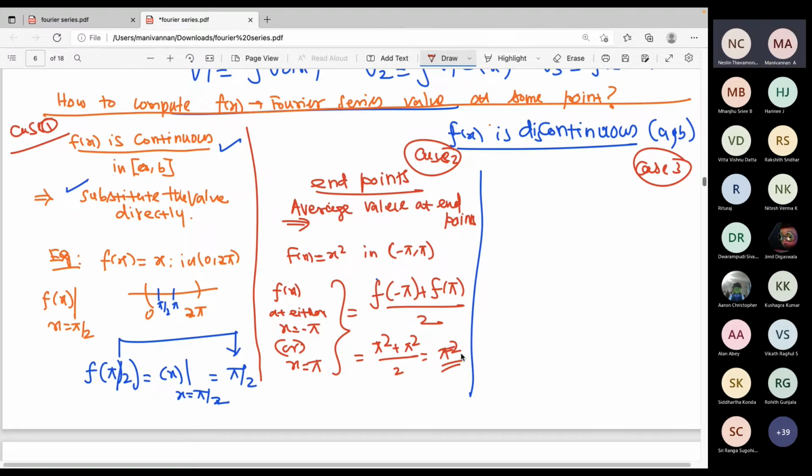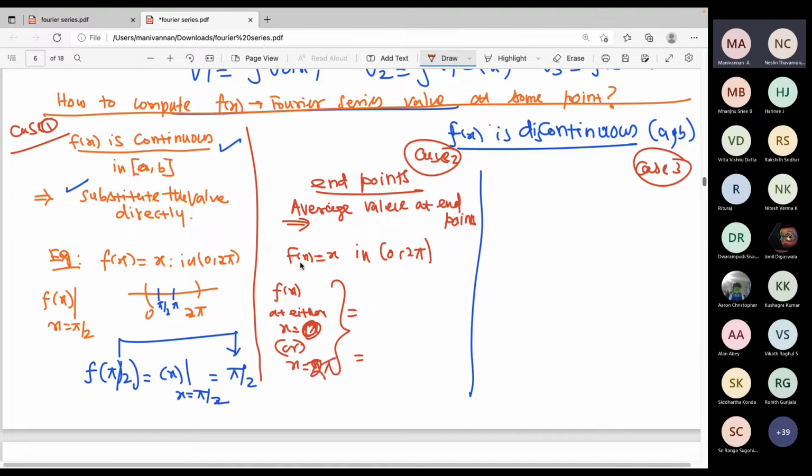Is it clear? Yes, sir. Now I am slightly modifying the function for better understanding, since in this example all the values give the same value. If it is x square on 0 to 2 pi, the formula changes.